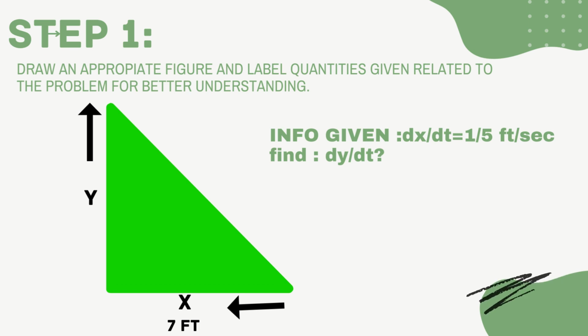We also know that the pole is being pushed at the rate of 1 over 5 feet per second. The question asks how fast the top of the pole is moving up, which is dy/dt. So, from the information given, we know that dx/dt is 1 over 5 feet per second, and the question asks us to find dy/dt.